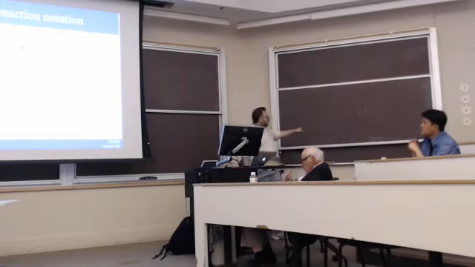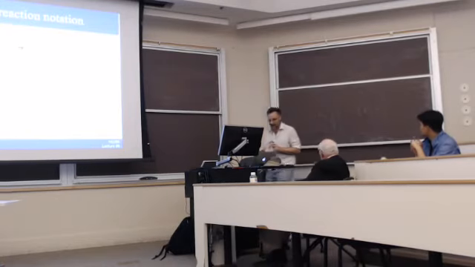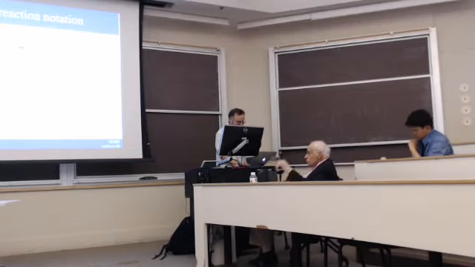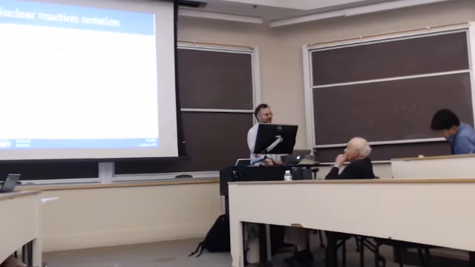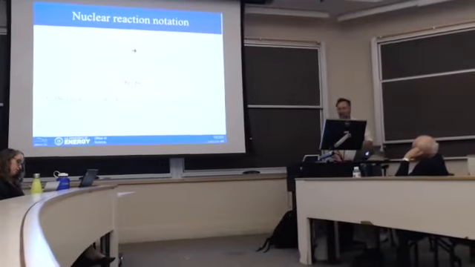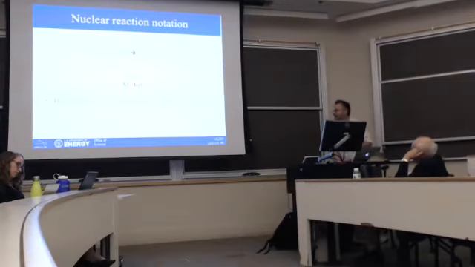So that's why this notation became popular, where you put it together inside of a parenthesis with a comma separating it. The target sits on the outside, on one side. The heavy residual sits on the outside on the other side.